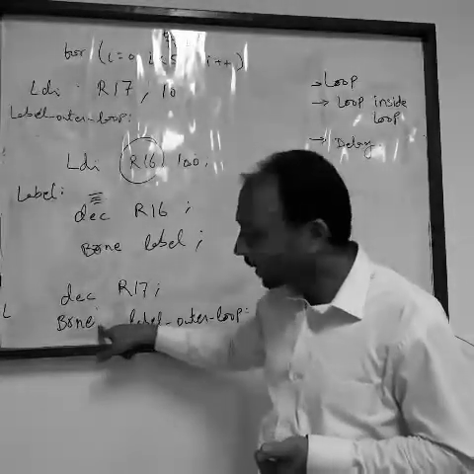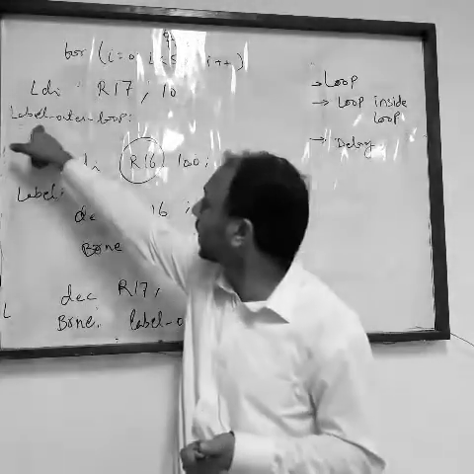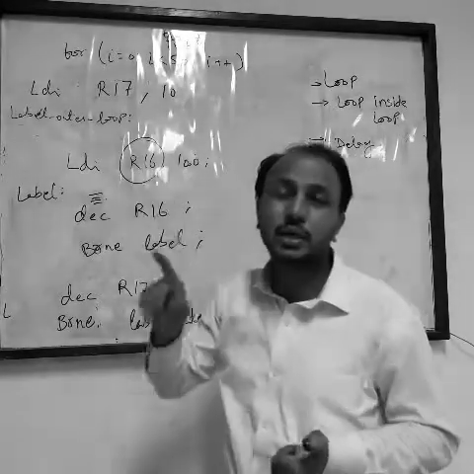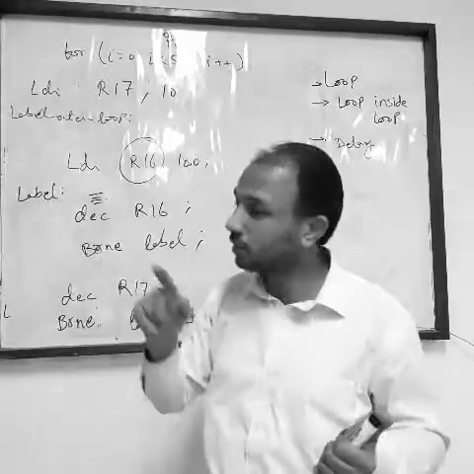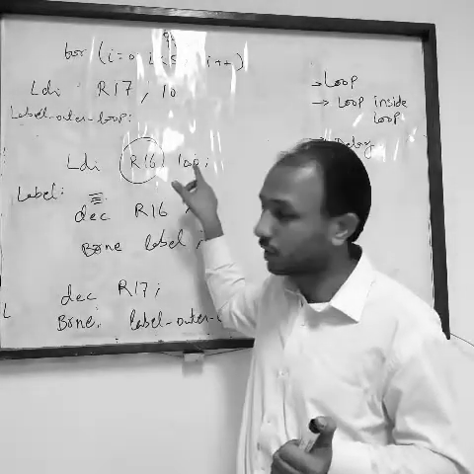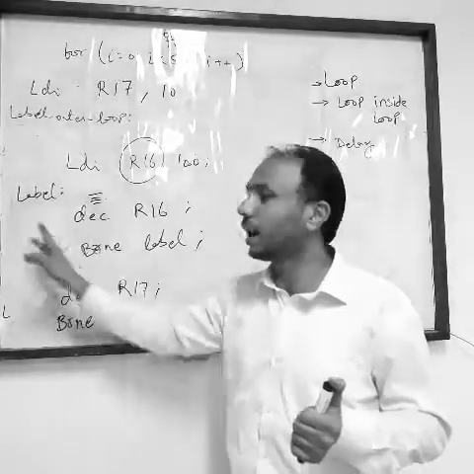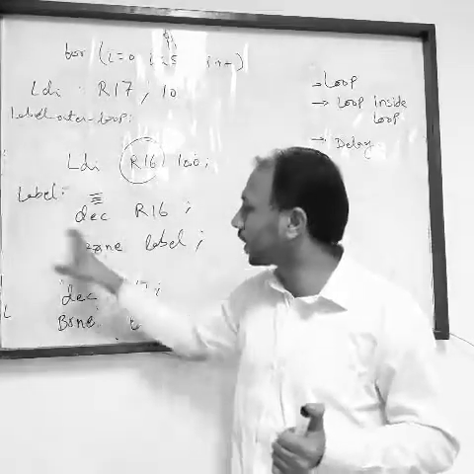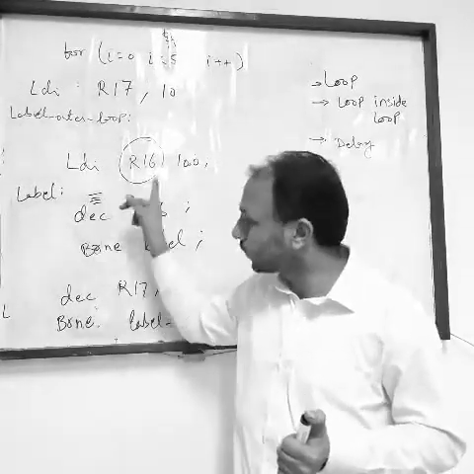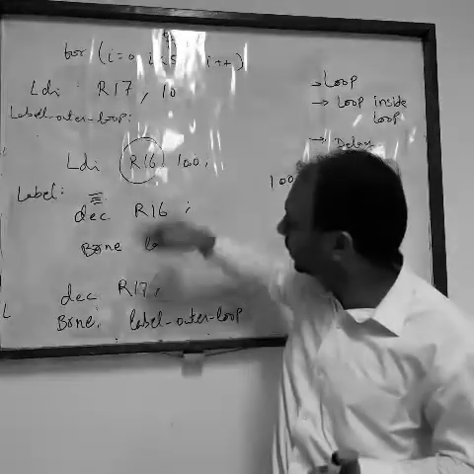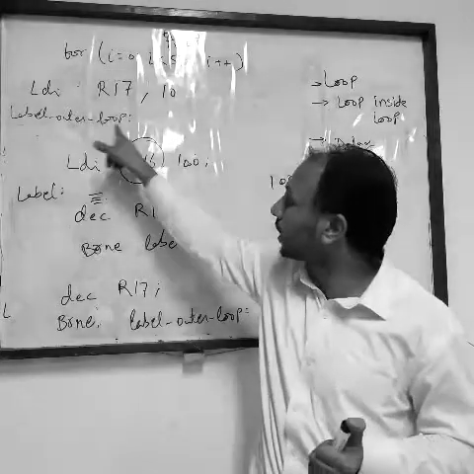So this will again take the jump, and come here. Now R16 will get reloaded with the value 100. When it is again 100, it will rerun 100 times. So first 100, second time 100, with the value of R17 going 10, 9, 8, and again it comes here.